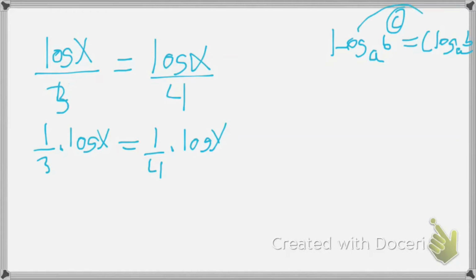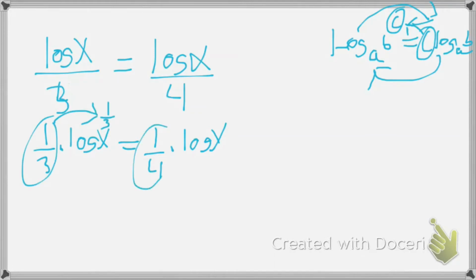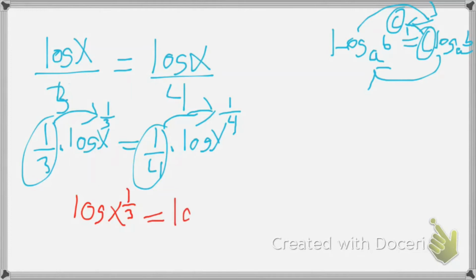So before we had it this way, but now we want it this way. We can move the coefficient to become a power of the x, and we do that on both sides, for 1/3 and 1/4. Now it becomes log base 10 of x to the power 1/3 equals log base 10 of x to the power 1/4.